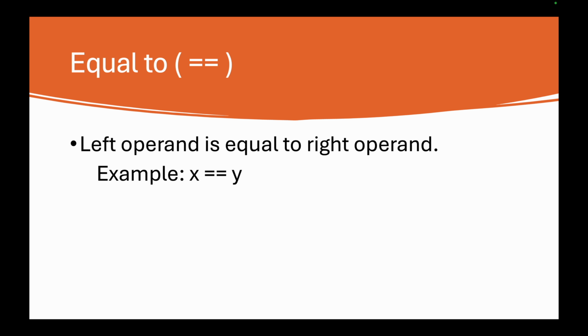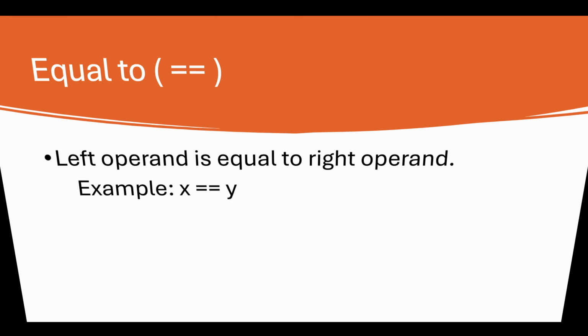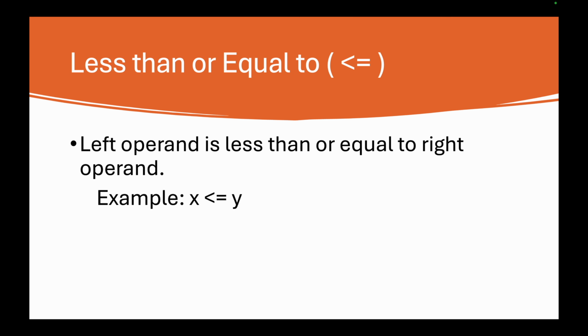The next one is the equal to operator. In this case, the left operand is equal to the right operand, and we represent x double equals y, because the single equals represents the assignment operator. Now we have the less than or equal to operator. In this case, the left operand is either less than or equal to the right operand, x is less than or equal to y.